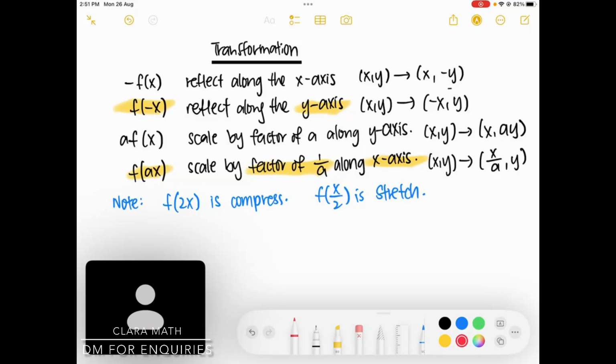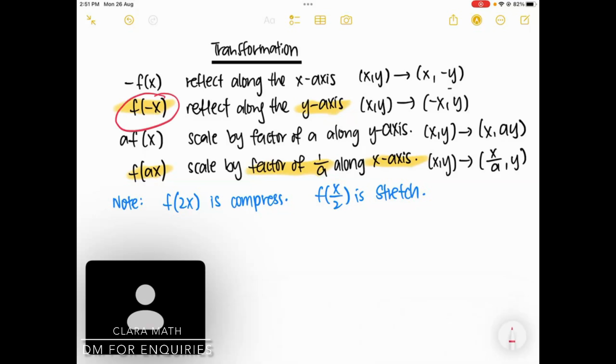But for example, this one, you have to reflect it. So the mirror is the y-axis. And if you're looking at the coordinates, yeah, you can follow all these. It gets shifted. Only the x values get affected in this case.